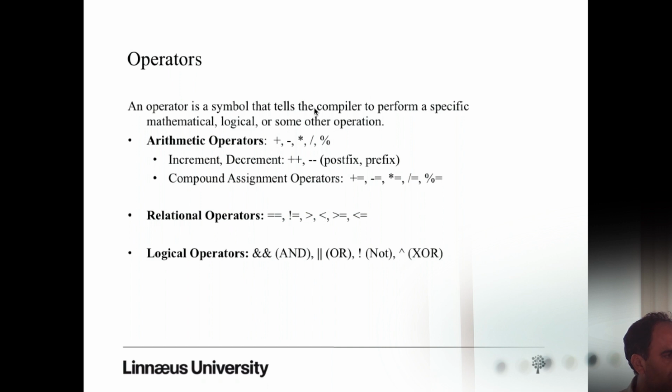But in the exclusive OR, when one of them is true, it becomes true. If both are the same, either both true or both false, the whole expression will become false. Understand?